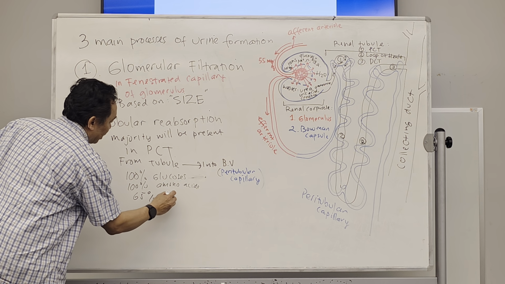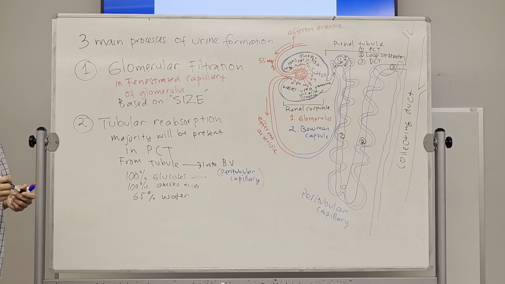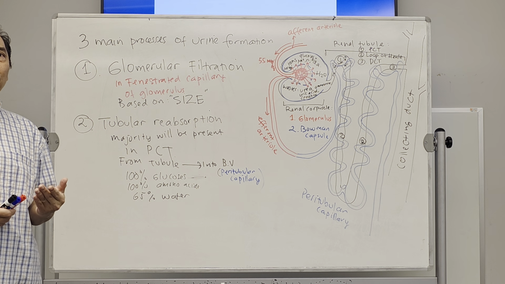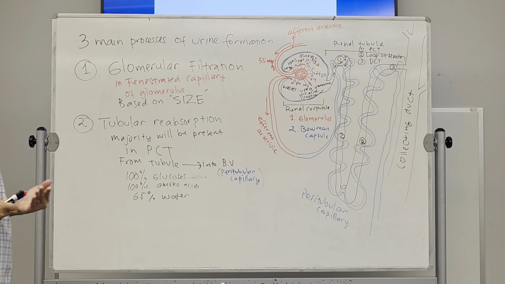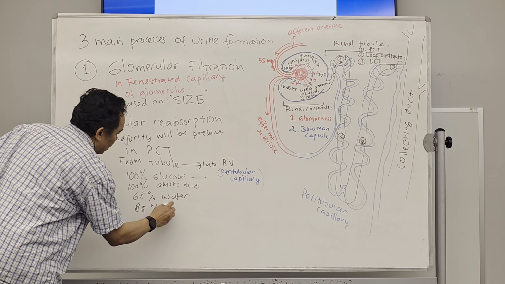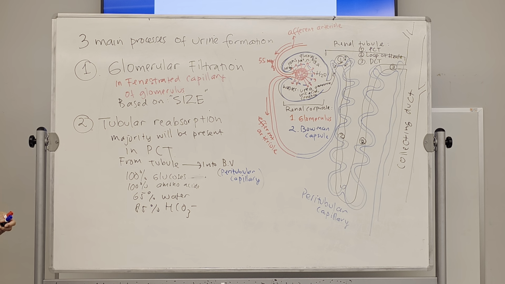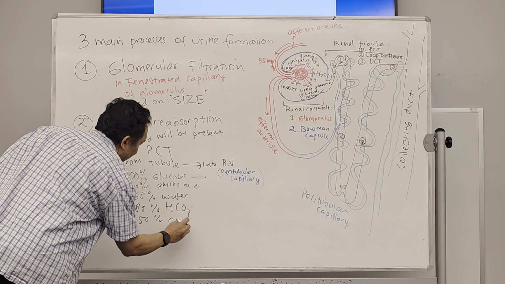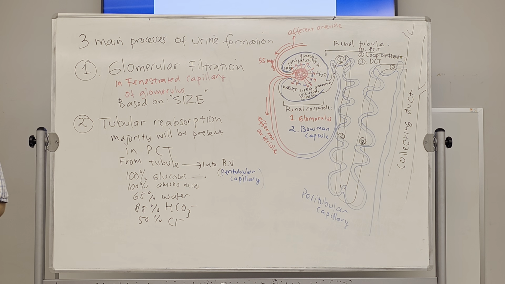Water, 65% of water has to be reabsorbed. We don't want to lose too much water in the urine. We need to keep water in our blood, in our body. Other organs need the water. So 65% will be reabsorbed over here. About 85% of carbonic acid, which is our buffer system, will be reabsorbed back into our blood. About 50% of chloride ions will be reabsorbed back, for example.